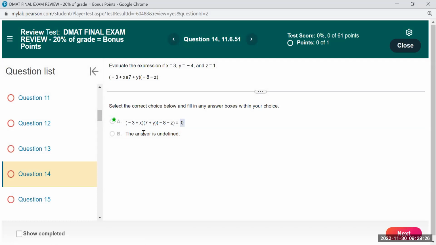Evaluate the expression. If x equals 3, y equals negative 4, and z equals 1. Negative 3 plus x, 7 plus y, negative 8 minus z.